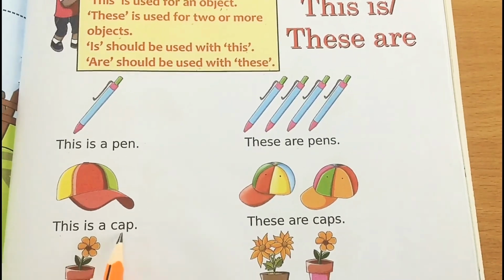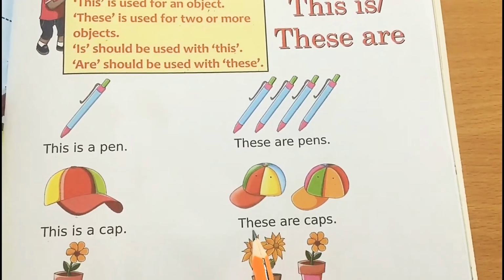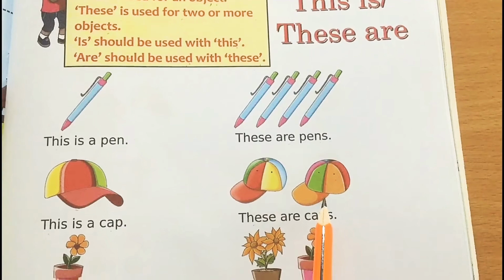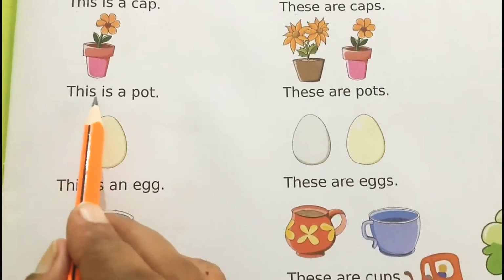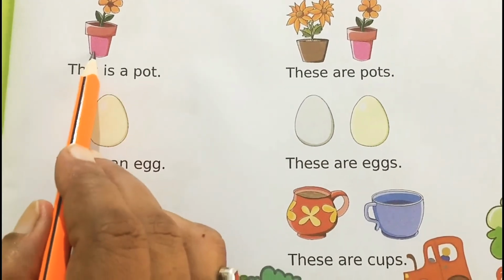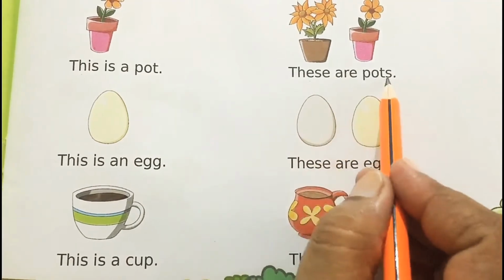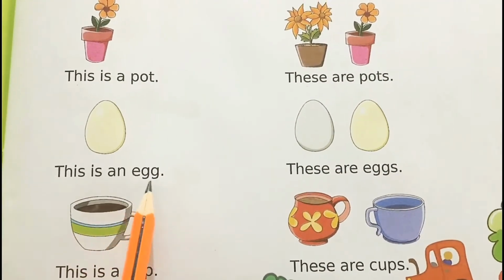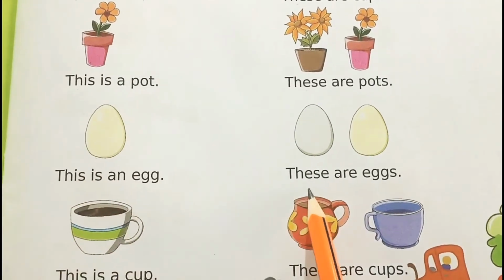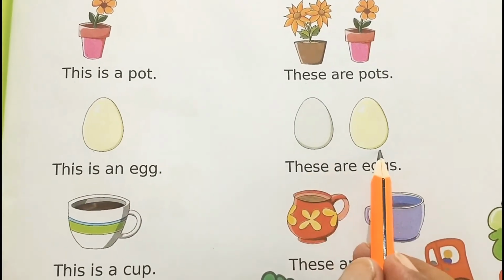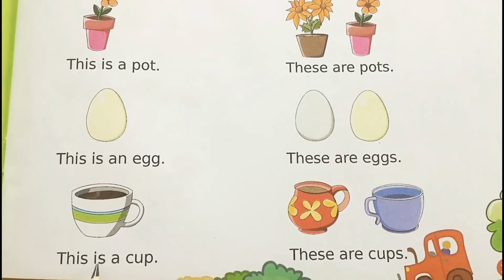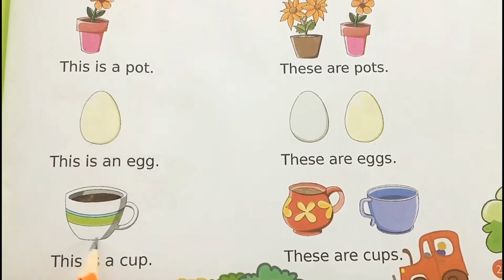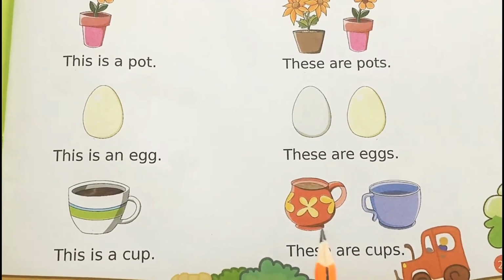This is a cap. These are caps. This is a pot. These are pots. This is an egg. These are eggs. This is a cup. These are cups.